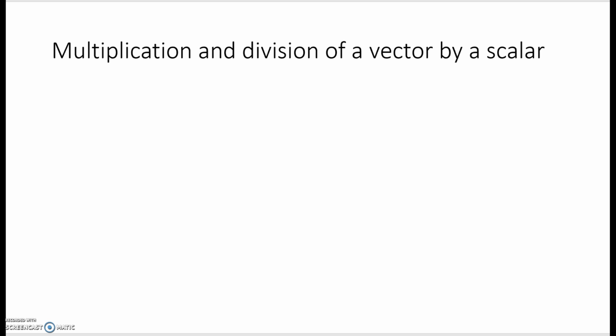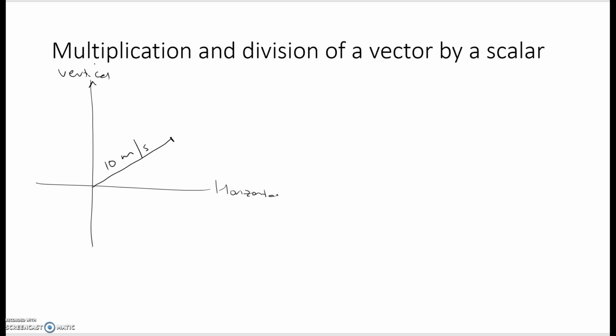We need to be able to multiply or divide them by a scalar. So suppose we've got a vector, with some vertical component and some horizontal component, and a line representing 10 metres per second at 56 degrees.